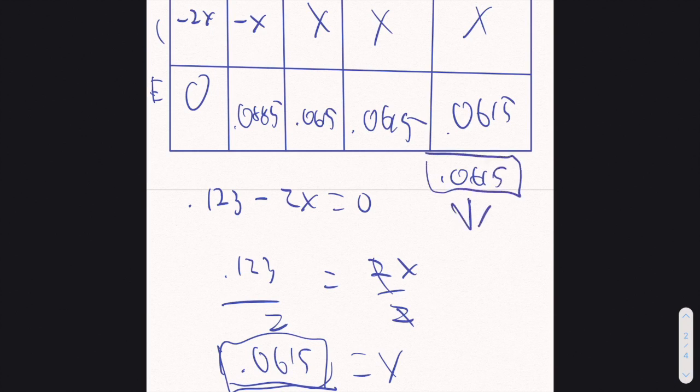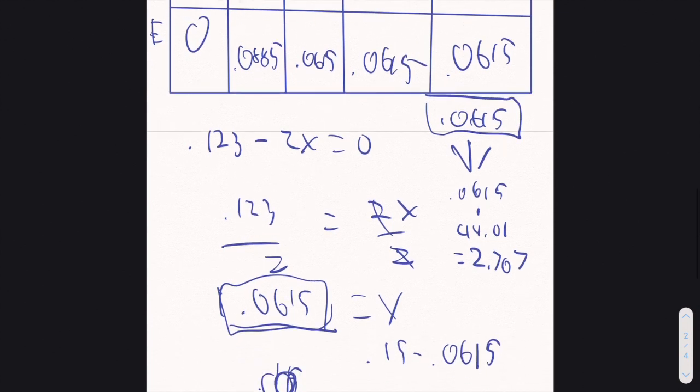Now we translate this into grams. Carbon dioxide molar mass is 44.01. So we do 0.0615 times 44.01, and that equals 2.7066, or 2.707.